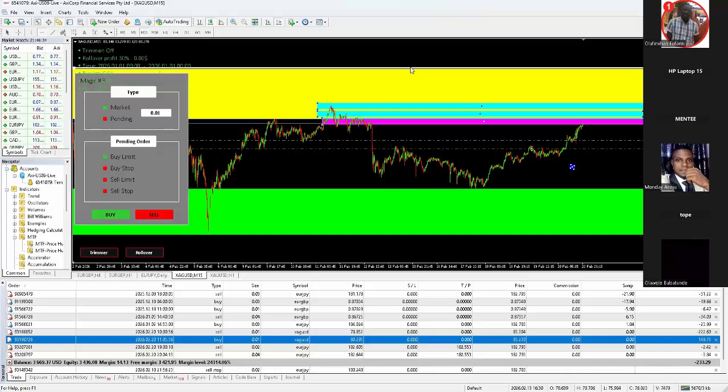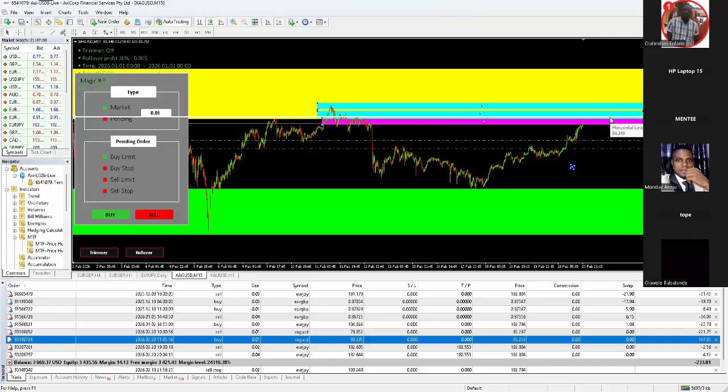It's too far. This is what I've been doing since Monday, that I can clear an edge every day. So now I would prefer to put my pending order on this level, or this level.